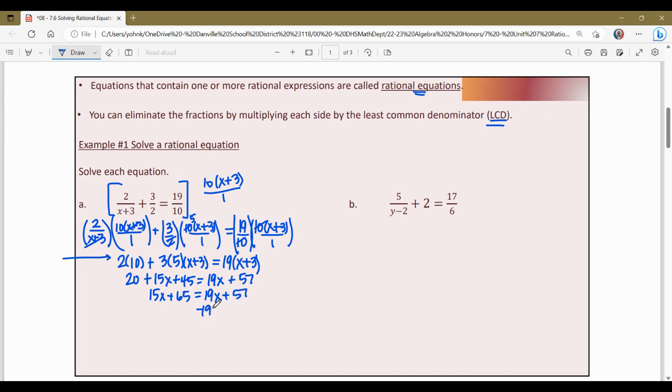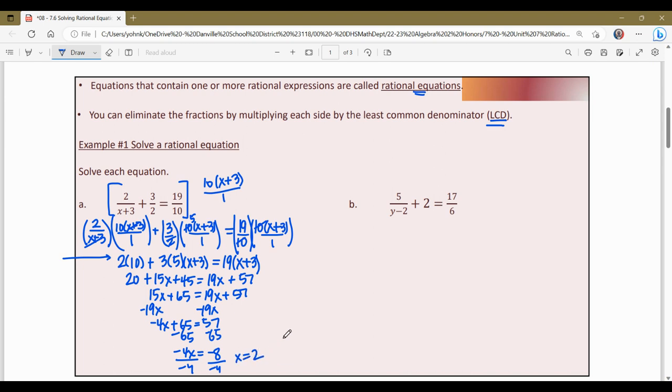Move the 19x to the left by subtracting. Negative 4x plus 65 equals 57. Then I'm going to subtract 65 from both sides. So that's negative 4x equals negative 8. Divide both sides by negative 4, and you get x equals 2.